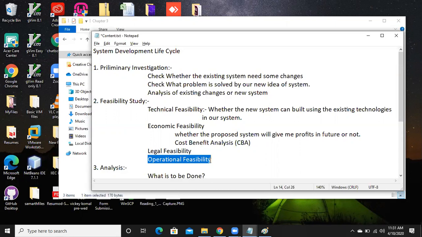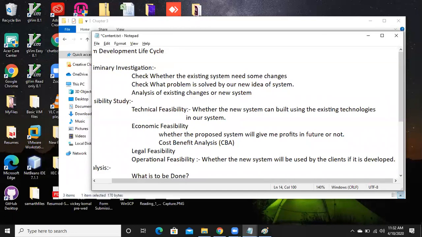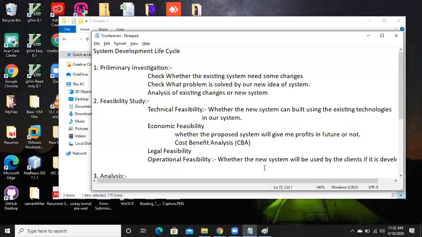Once I have built my new system, we check, although we are still only at the second step, so within this second step we will decide whether the new system will be used by the clients if it is developed. So in the operational feasibility, we will check whether the new system will be used or not.